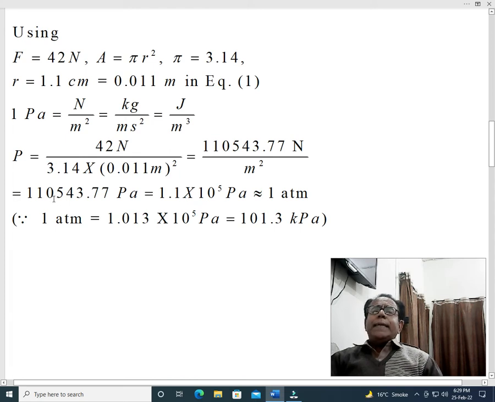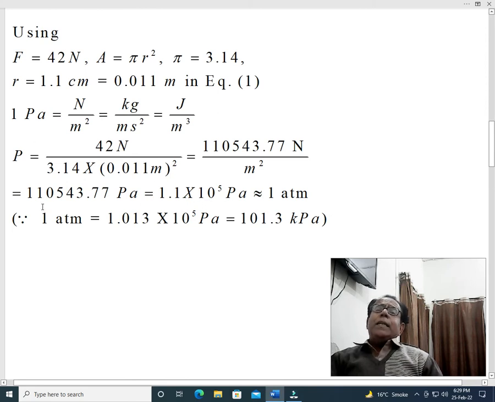When we write it as 110.54377, then it will be multiplied with 10 raised to the power 3. When we write it as 11.054377, then it will be multiplied with 10 raised to the power 4.